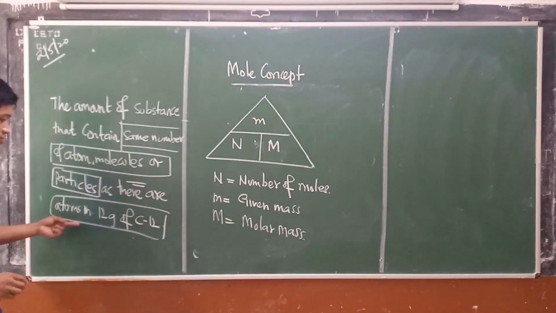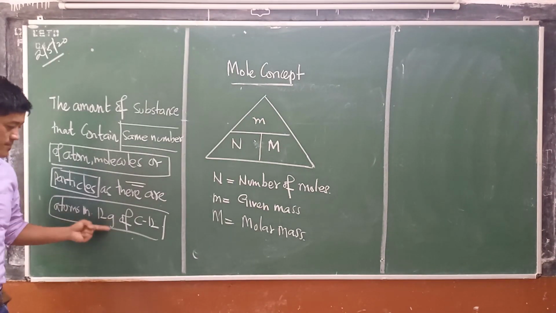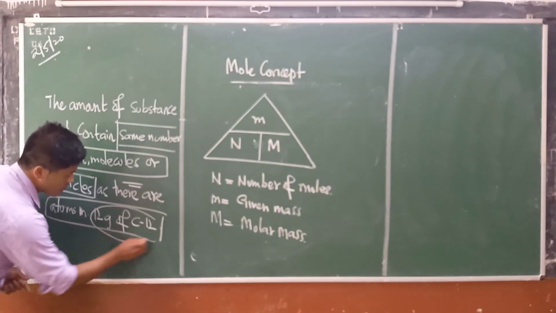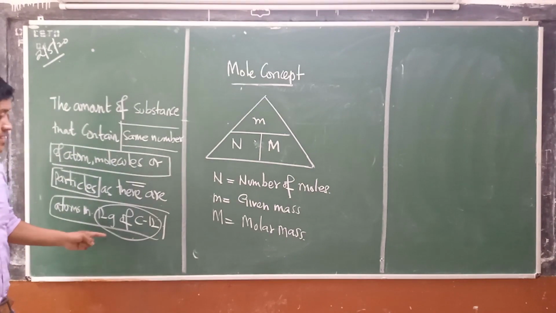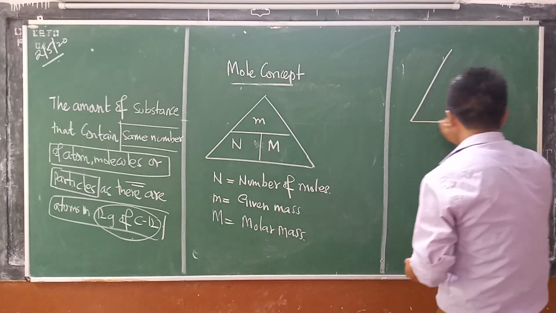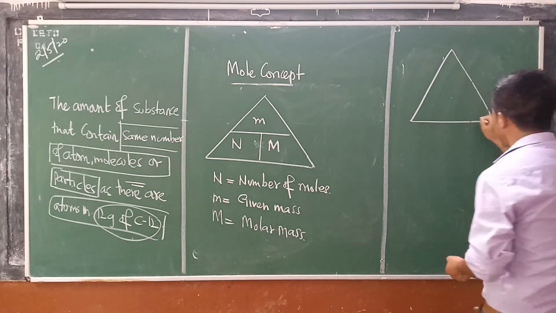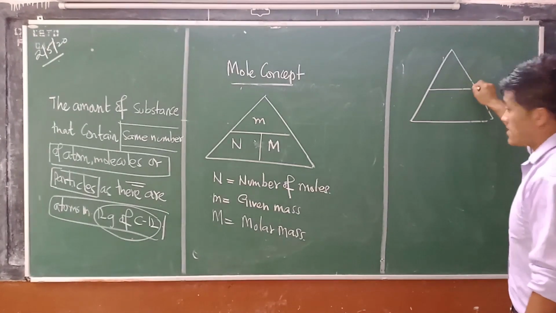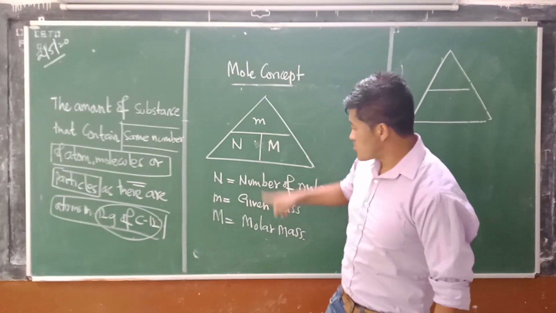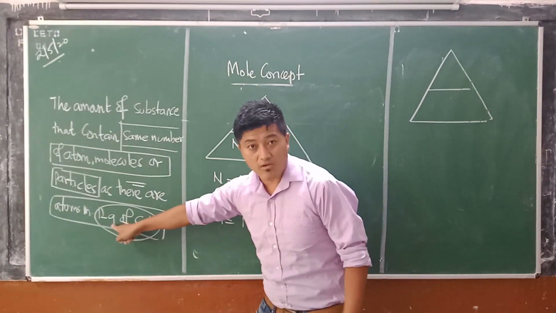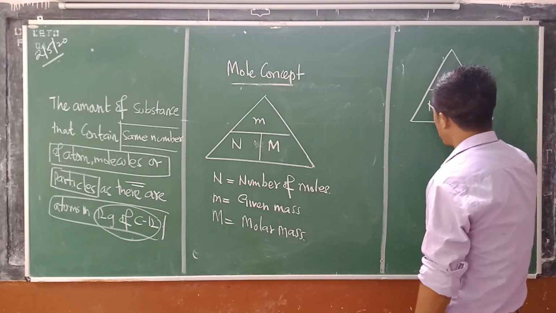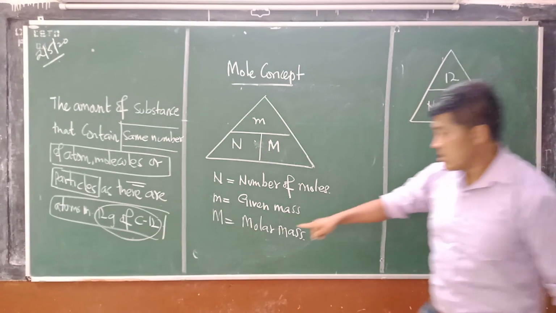Now let us try 12 grams of carbon-12. I'm going to write the formula once again. n is equal to given mass, 12 grams, over the molar mass.